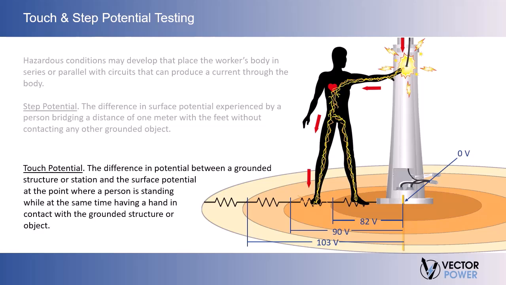Touch potential. This is the difference in potential between a grounded structure or station and the surface potential at the point where a person is standing, while at the same time having a hand in contact with the grounded structure or object.